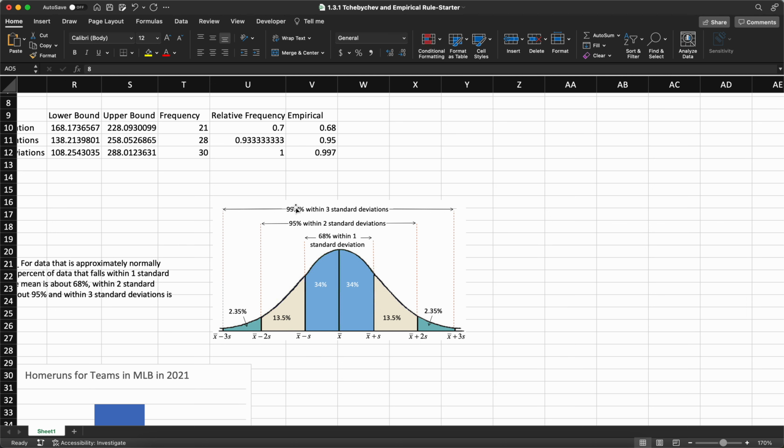So if we're adding another 4.7% between 2 and 3 standard deviations, and we divide that into 2 equal parts, we get 2.35. This gives me 13.5%, again, because there's a difference of 27% between 68 and 95%. 27 divided by 2 gives me 13.5. And 68 divided by 2 equal parts gives me 34% in each of those sections.